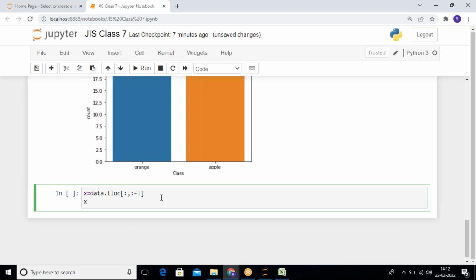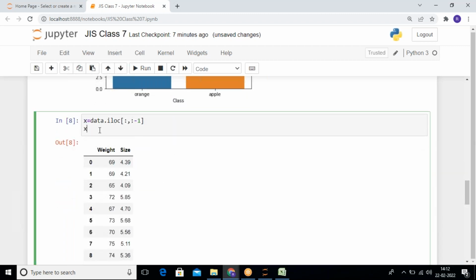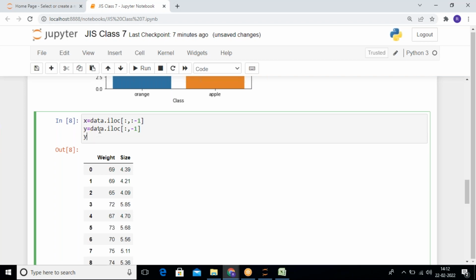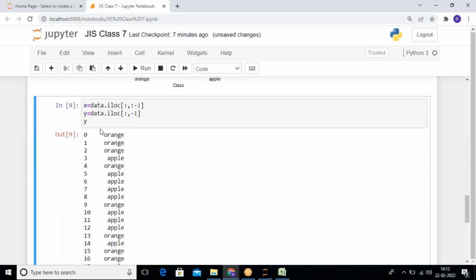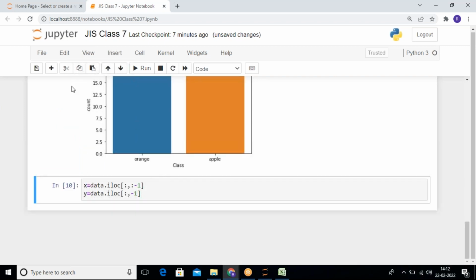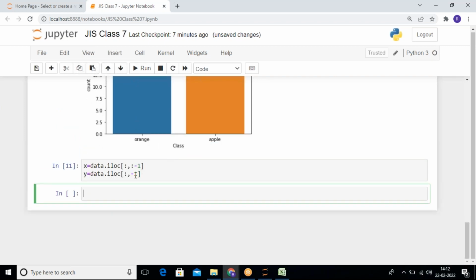Right? So if I print x here, that's it. And on the y-axis, I will take data dot iloc. I will take all the rows and only the last column. Let me print y and see. Okay, apples, oranges, apples, oranges, apples, oranges. Okay, perfect. That's it. Done. No problem till here.